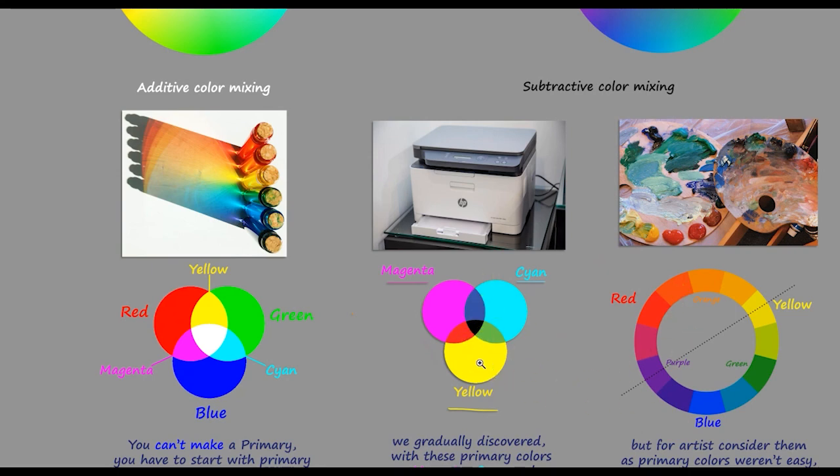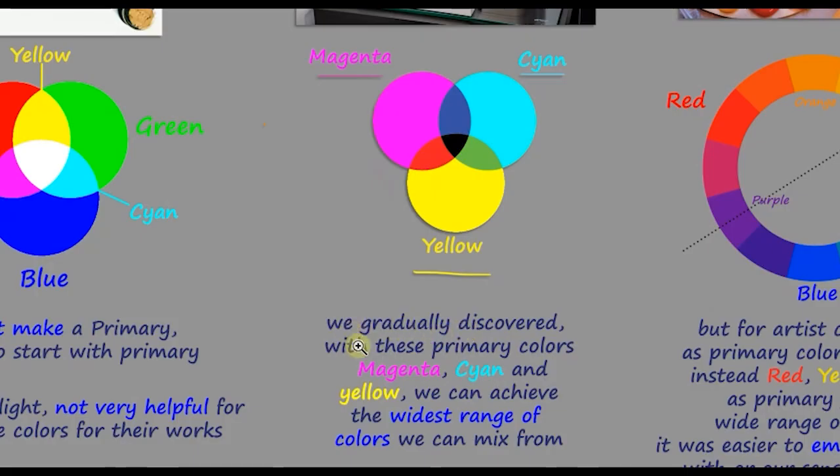This one is the color wheel used in printing, because we gradually discovered that with these primary colors, magenta, cyan, and yellow, we can achieve the widest range of colors to mix from. So it was very useful for printing.